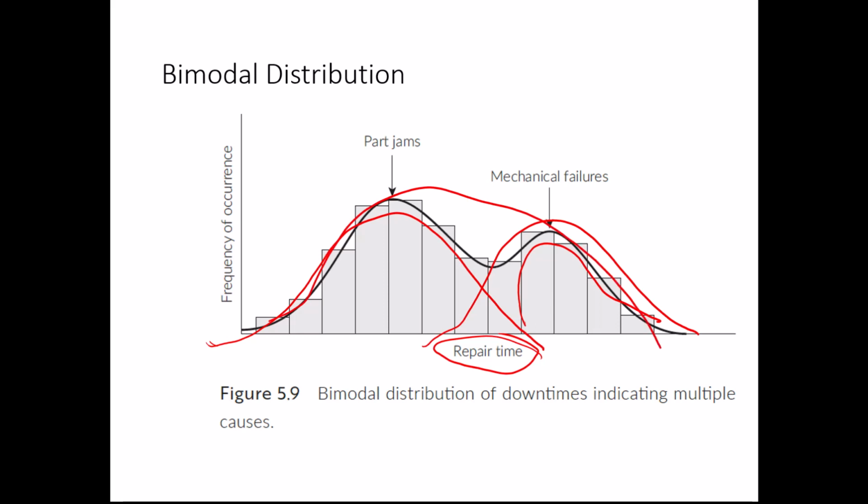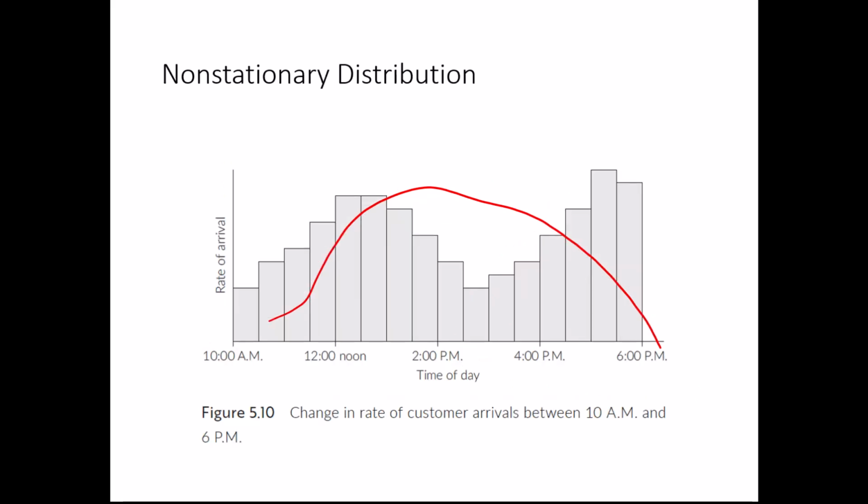We have another distribution that is related to time, and this is more related to, let's say, the fast food industry, where you may have customers that arrive very early in the morning.